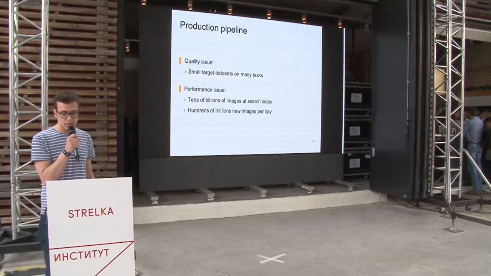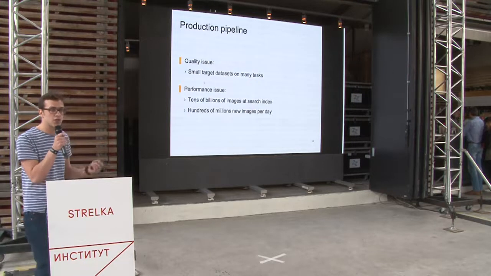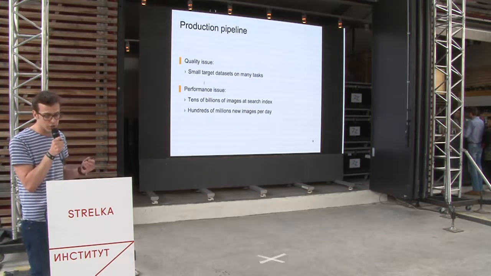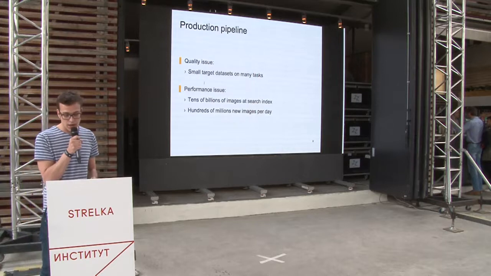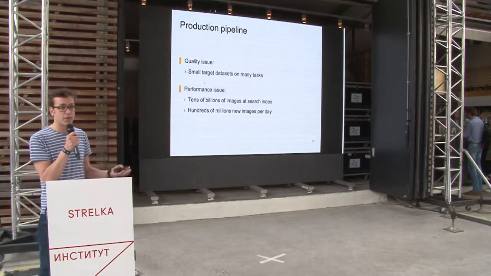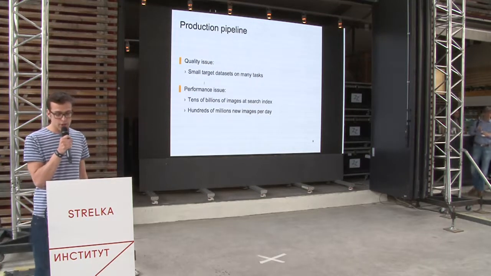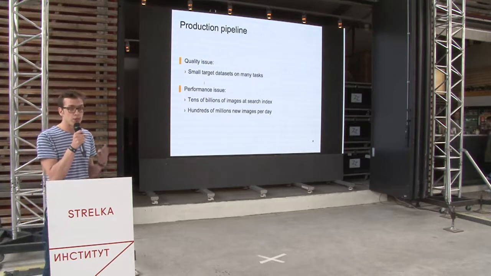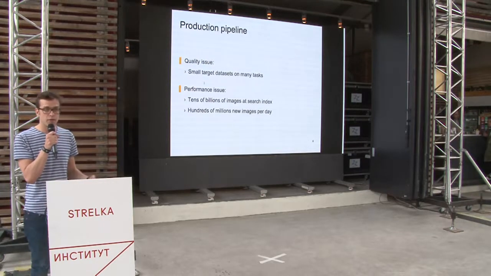Of course, it is almost impossible to train a large convolutional neural network from scratch on such a small data set because of the overfitting effect. So we must be able to somehow solve such tasks with appropriate quality, avoiding overfitting.